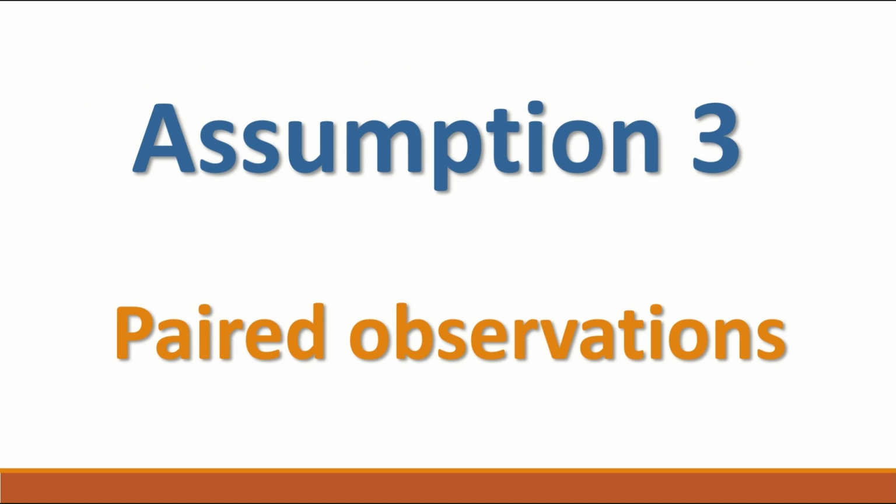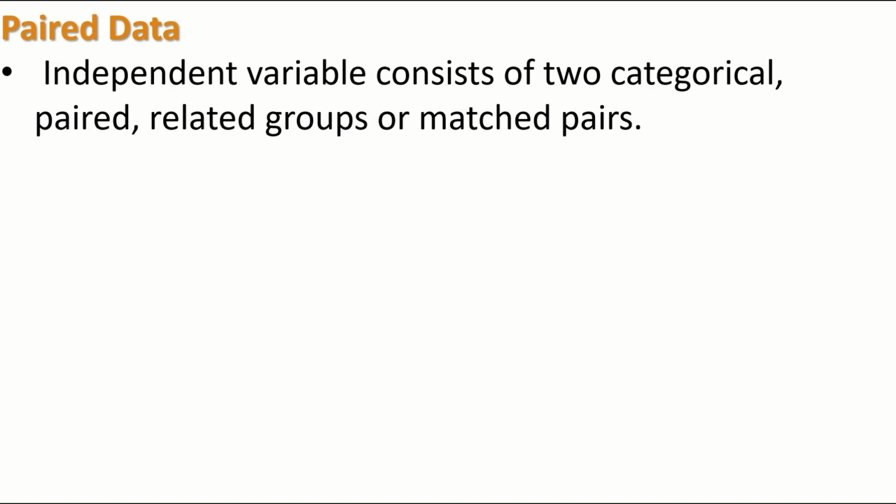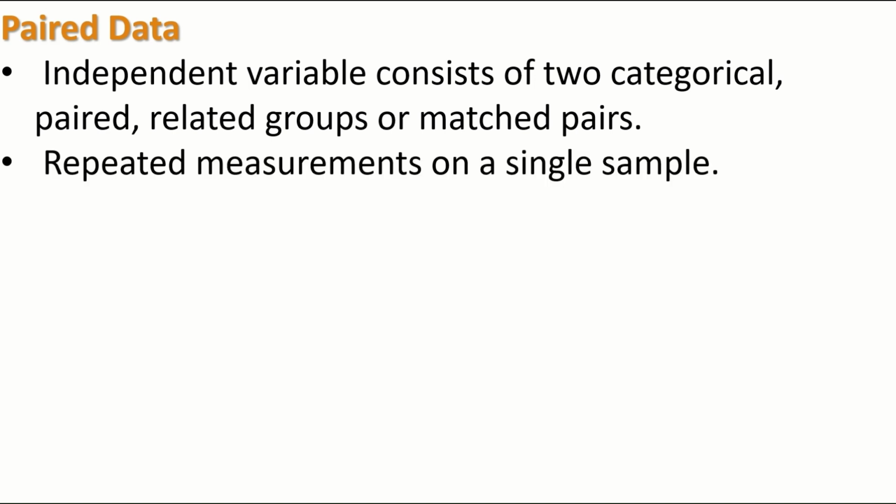The third assumption is that there should be paired observations. The independent variable consists of 2 categorical, paired, related groups, or matched pairs. So it has to be 2 groups that are related, or a repeated measurement on the same sample.